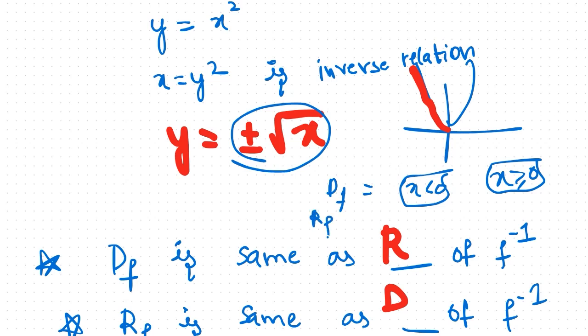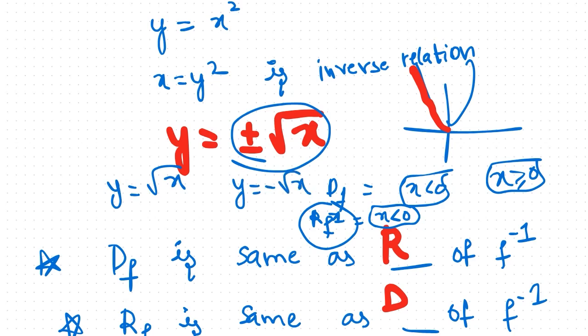So the range of f inverse will be x less than 0; range of f inverse means domain of f. So we have y equal to root x and y equal to minus root x.